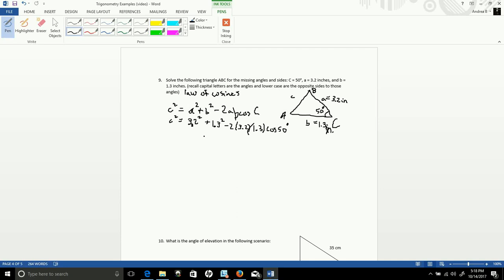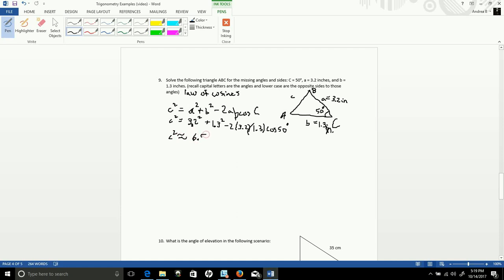Then you do that 3.2 squared plus the 1.3 squared minus 2 times the 3.2 times the 1.3, and then also times that cosine of 50 degrees. So once again, make sure your mode is in terms of degrees. So here for your c squared, to get that entered in, you should get approximately 6.58.